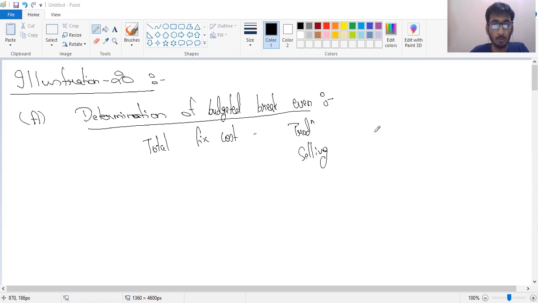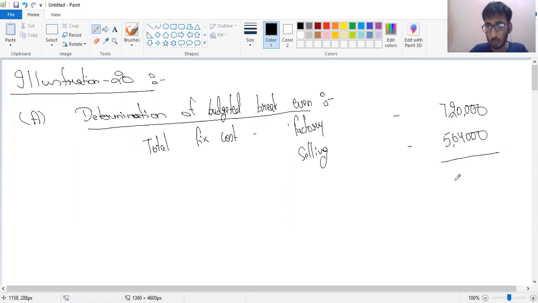The factory fixed cost is 7,20,000 and the selling fixed cost is 5,04,000. So the total fixed cost is 12,24,000.